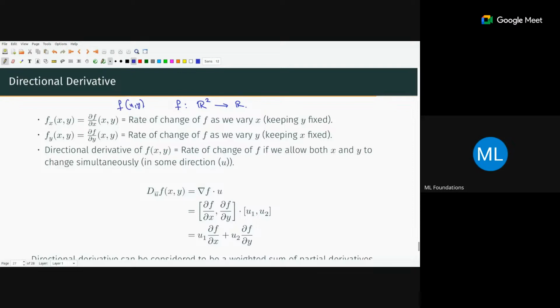One is the x axis and another one is the y axis. So my graph changes with respect to the x axis and also with respect to the y axis. If I vary x, my function value will change. If I vary y, my function value will change again.